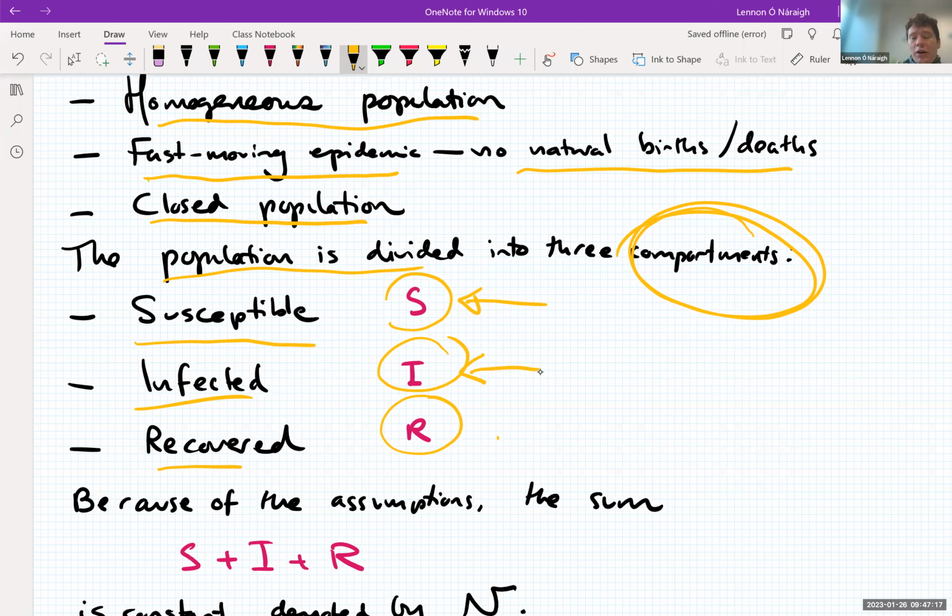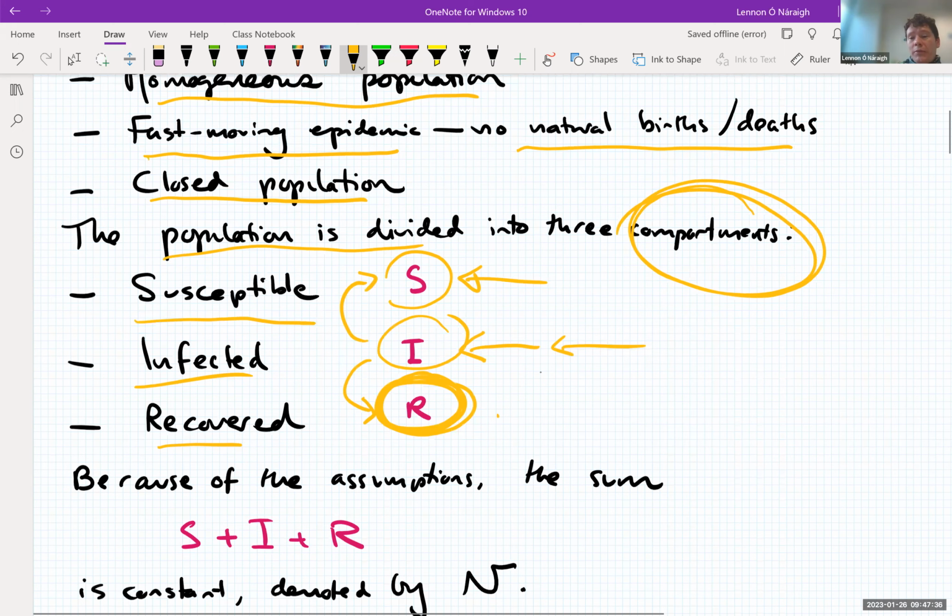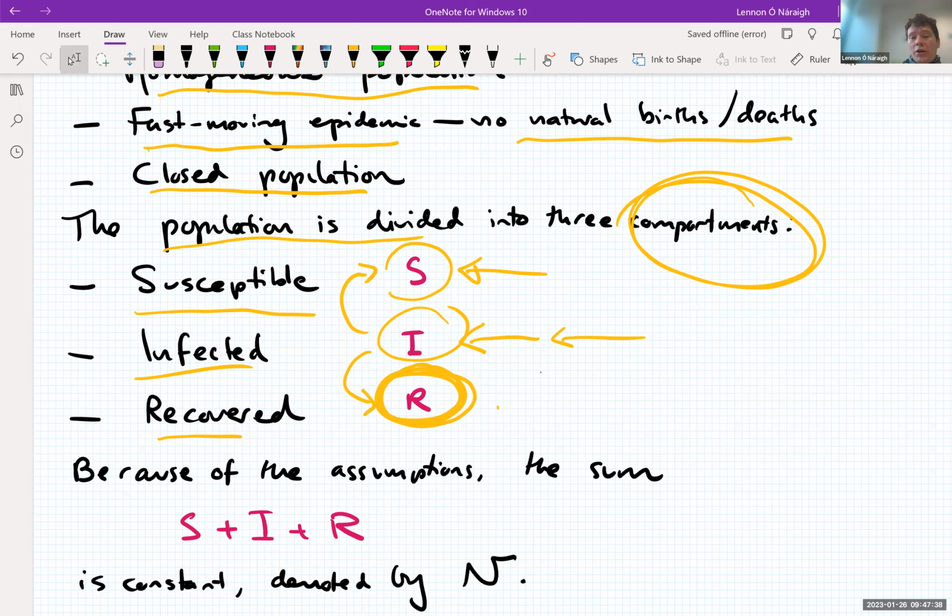You have this pool of infectious people who have the disease and can then pass it on to people in the S class. And then over time, people who are infected, they recover. And another assumption here is that once you're recovered, you have immunity. So you no longer go back into the susceptible class.